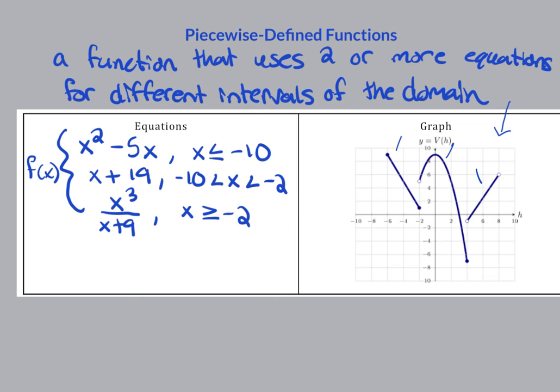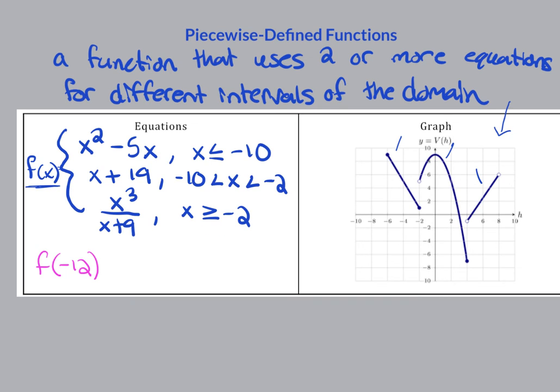But the idea is that this function, f of x, equals x squared minus 5x, but only on this interval of the domain for x values less than or equal to negative 10. And then it also is equal to this function, x plus 19, on this interval of the domain from negative 10 to negative 2. And then lastly, we've got this function, but it's only on the interval for x greater than or equal to negative 2.